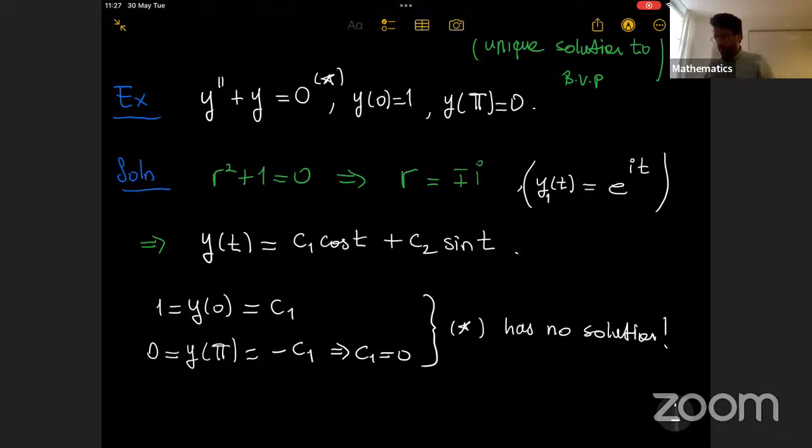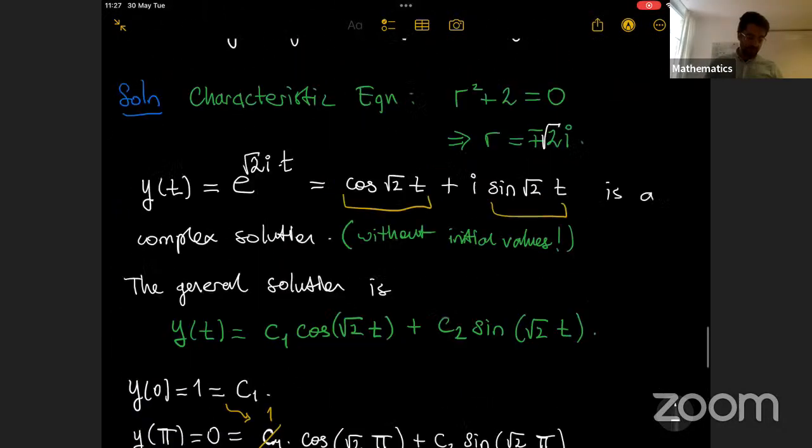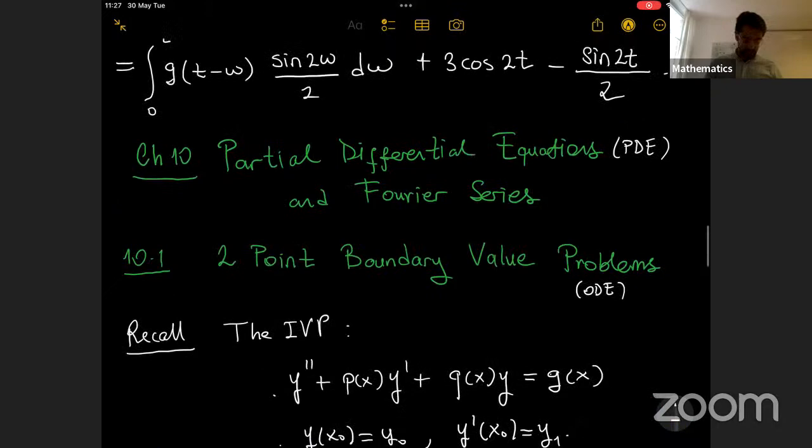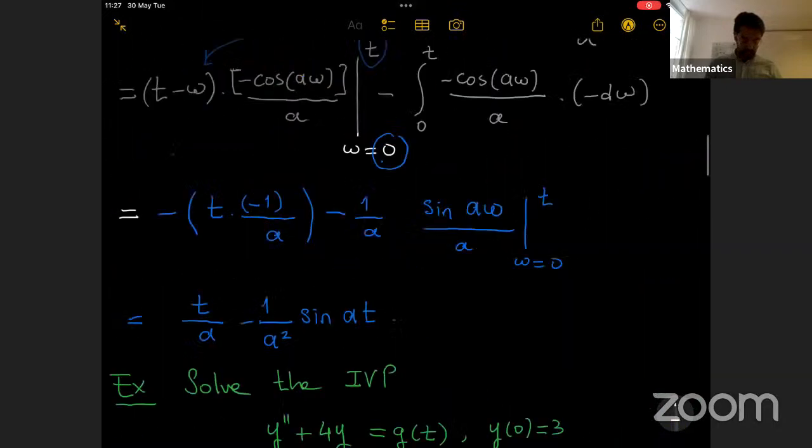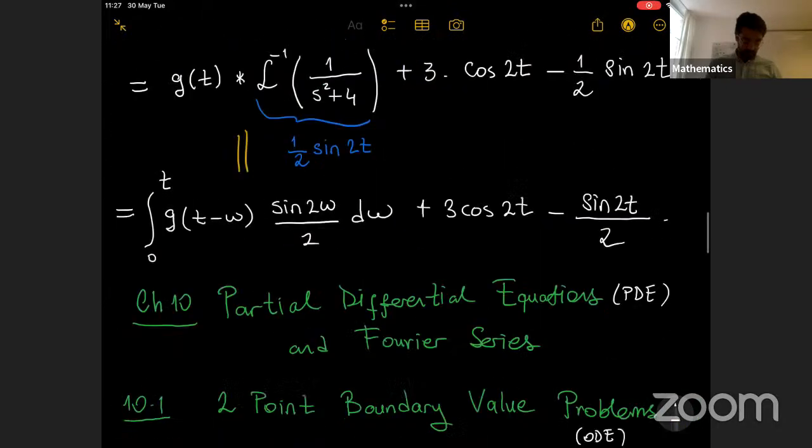All right. Any other question, comment? What's the difference between initial value and boundary value? In an initial value problem, we have one initial point.